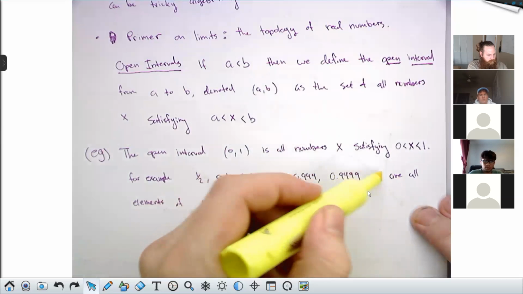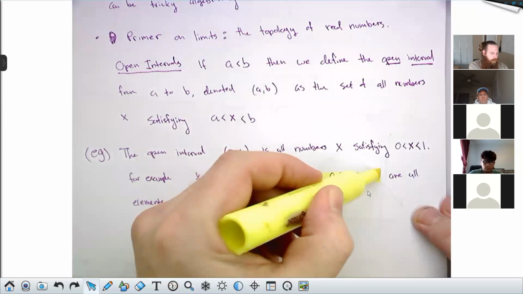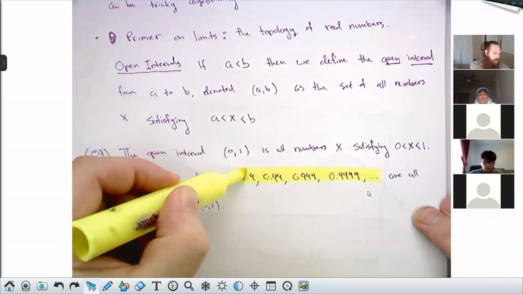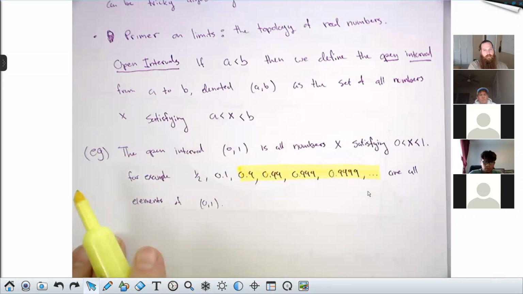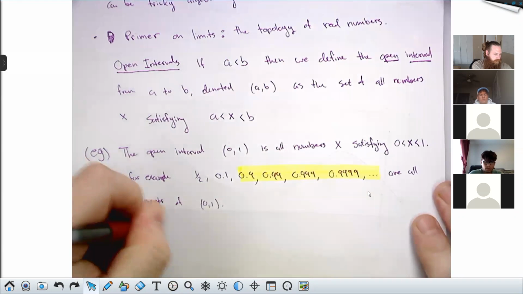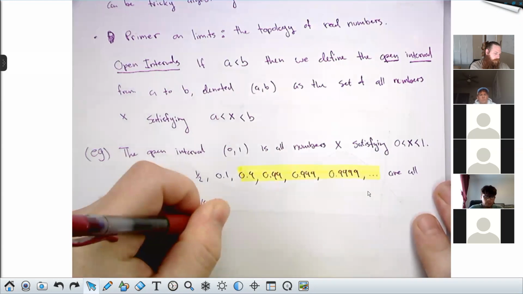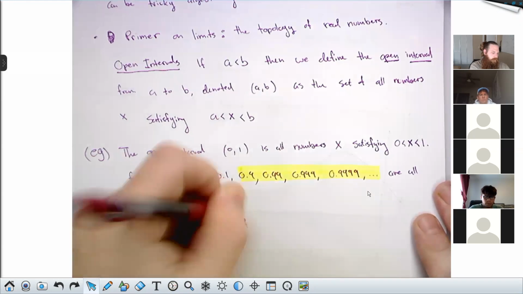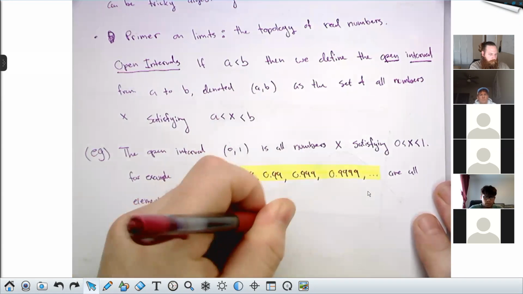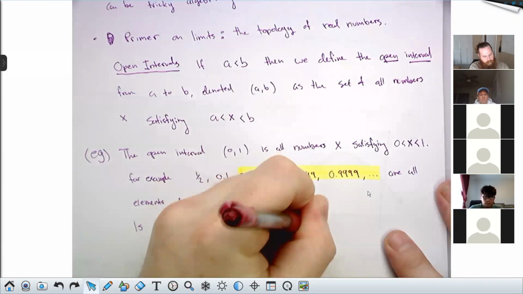If we think about this chain of numbers, they're all pretty close to 1. And as you add more 9s, they get closer and closer and closer to 1. But is 1 itself an element of that set? No. Yeah, beautiful. I couldn't see who that came from. Is that Haley? Yeah.